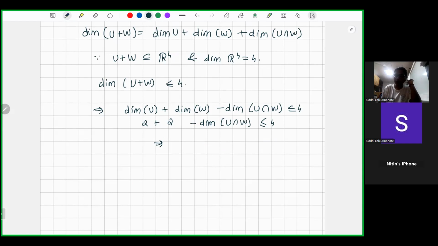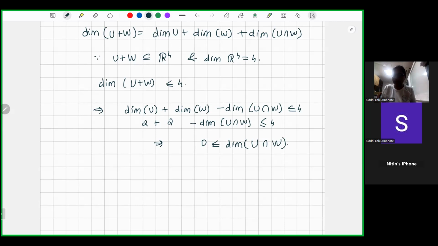That is always true: the dimension of any vector subspace is always greater than or equal to 0. So this is not helping much.